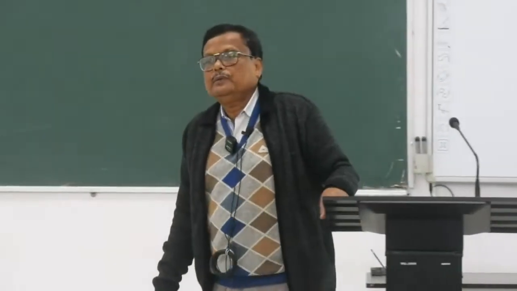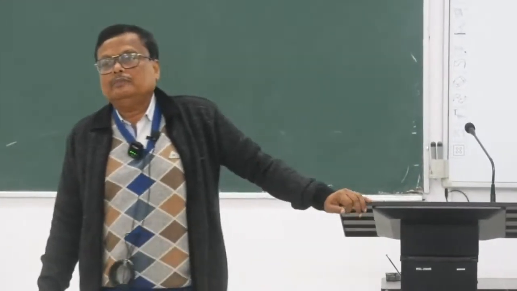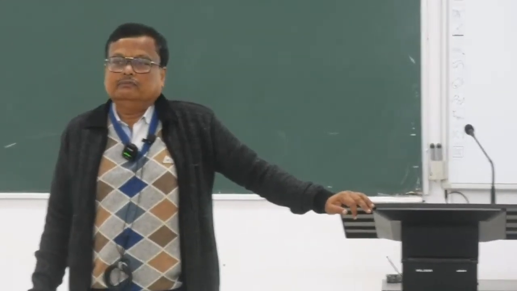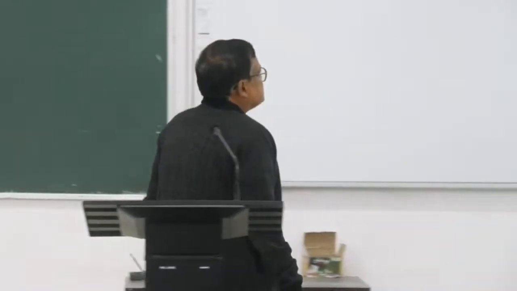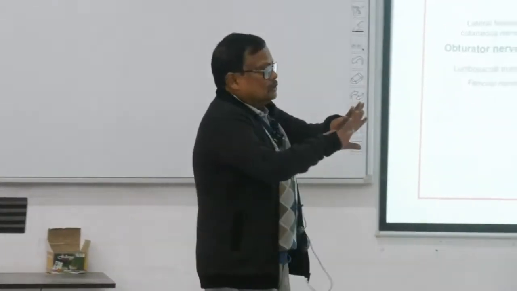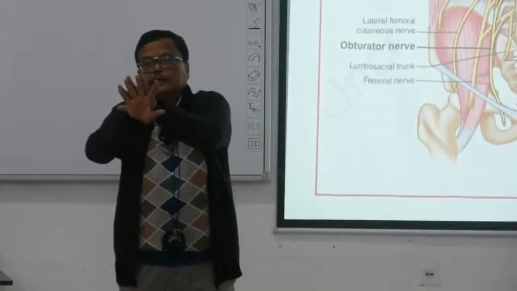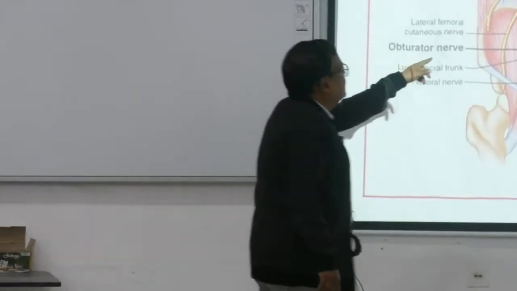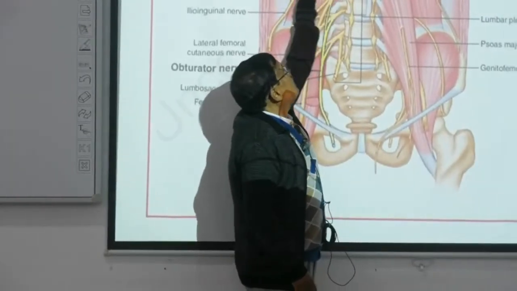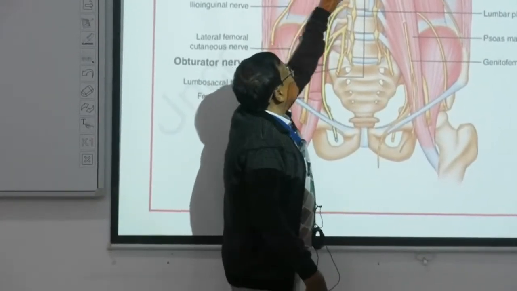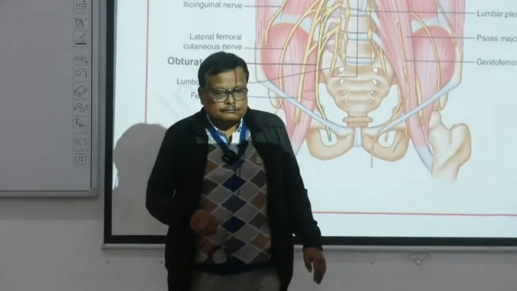Another name of the T12 nerve, or thoracic 12 nerve, is the subcostal nerve. Already you know. So the lumbar plexus is formed by joining with each other. A network is formed.